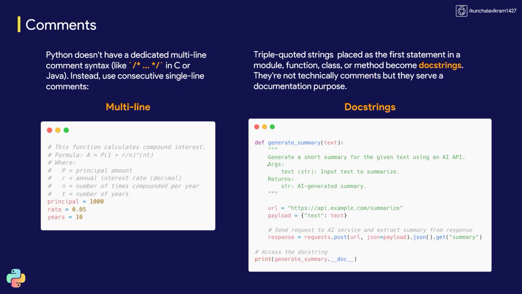So here I'm explaining what this function does and what return value it returns when someone calls it. And how do I access this documentation? By using underscore underscore doc underscore underscore. I can just take the generate summary function dot underscore underscore doc underscore underscore. It will print whatever doc string you have created for this particular function.